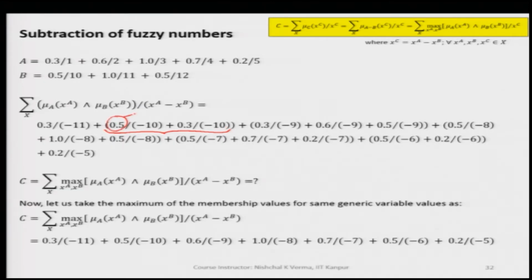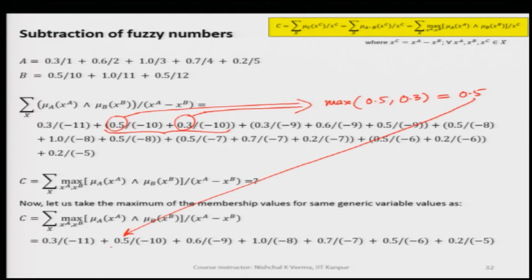The first membership is 0.5 and the second is 0.3 for the same generic variable value minus 10. So, for minus 10 we will have only one membership value, which is 0.5, when we take the max of 0.5 and 0.3. That is how we are getting 0.5 over here.